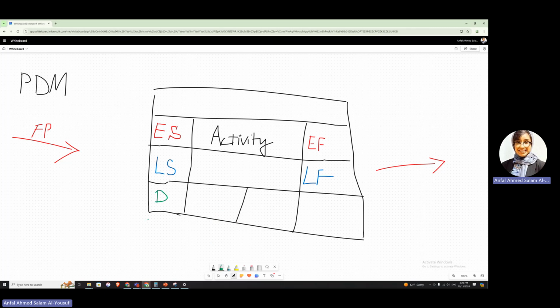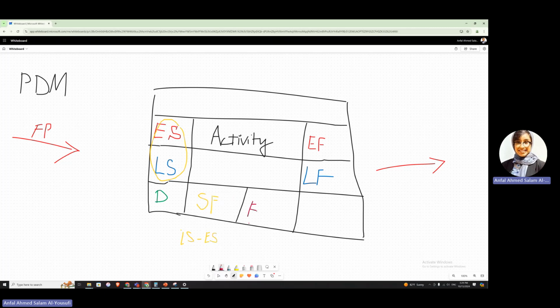How long will this task take? Then we have three other things. Number one is the start float. Start float is basically subtracting these two numbers, which is LS minus ES, late start minus early start.